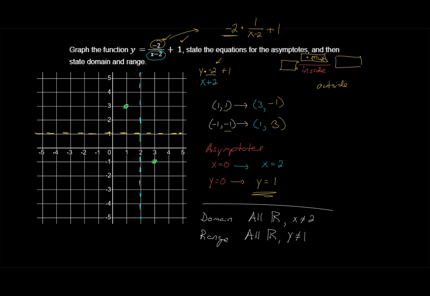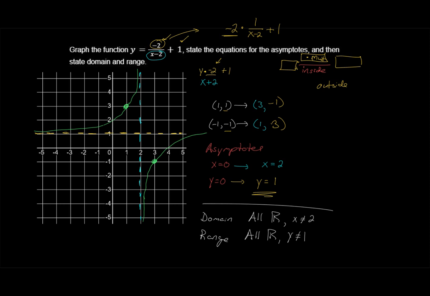And then to graph it, we hug the asymptote, curve up through the point, and hug the asymptote. Then we hug the asymptote, curve out through the point, and hug the asymptote.